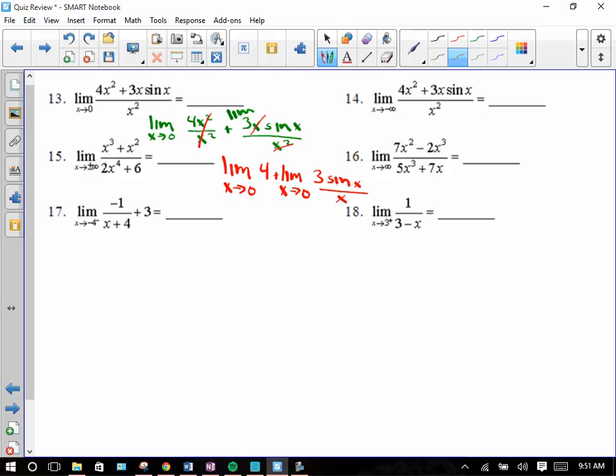Well, the limit of 4 is 4, because it's constant, plus the limit of 3 sine x over x as x approaches 0. That's just sine x over x, but it's being multiplied by 3, so it's going to be 3 times the limit of that, which is 1. So 3 times 1 is 3, so it equals 7.